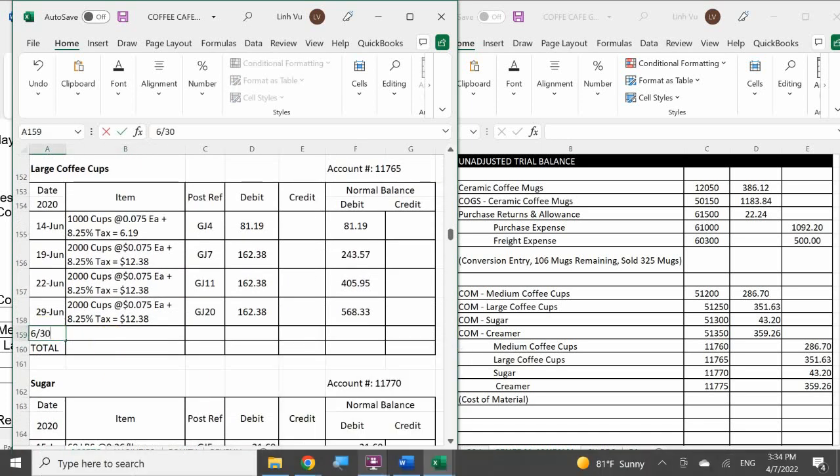Same thing here. We purchased 1,000, then 2,000, then 2,000, then 2,000. So we have a total of 7,000 cups that I purchased. And here I ended up selling 4,331 cups.